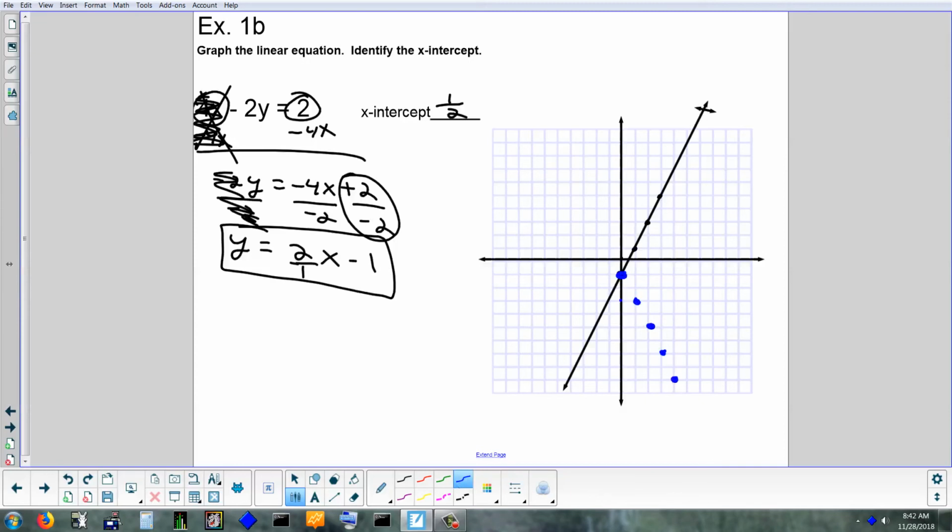Remember, when your slope's negative, you only want to treat the top number as negative, not the bottom. You never want to go down and to the left, always down to the right. We talked about it yesterday: if it's a negative slope, it always drops down to the right. If you go down to the left, it's going to end up going up to the right, so it's going to be a positive slope. You don't want that. Right, so that's how you do it.